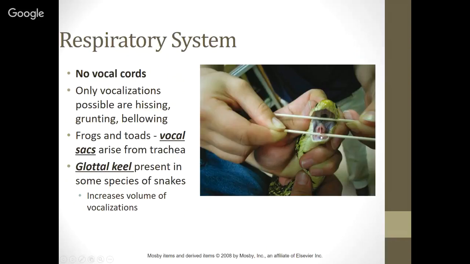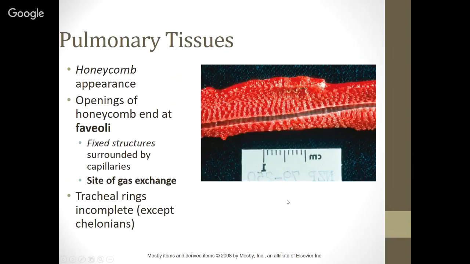There is a glottal keel that's present in some species of snakes, which increases the volume of their vocalizations. So this keel is right in the center of this glottis, so that when air goes past it, it does make a larger sound.